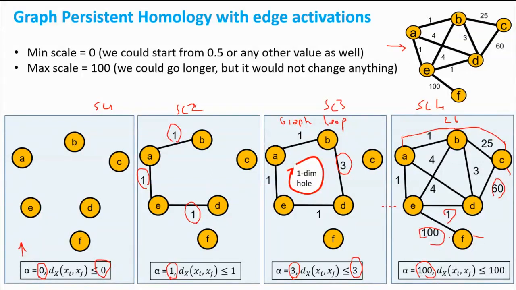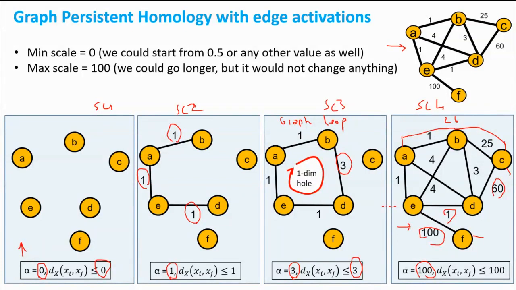So around 160, all of these nodes will be connected, even if there are edges or not. So we will have just one simplex that covers all of them. So in a sense, the one-dimensional hole is going to die, everything is going to die, so your graph will be something like a point, mathematically.